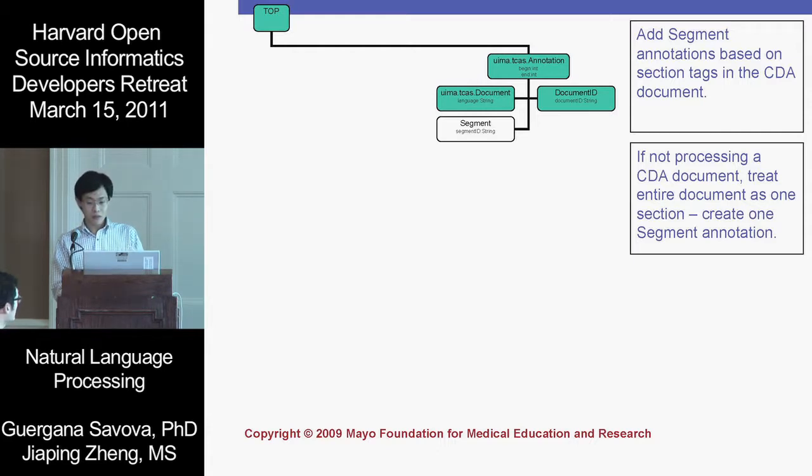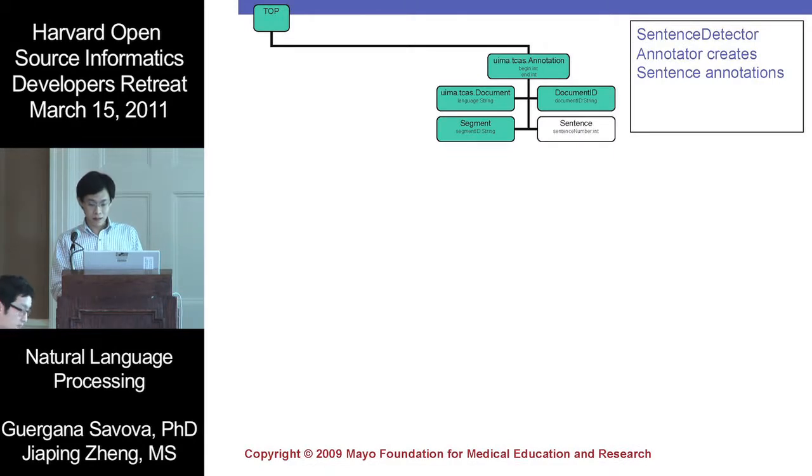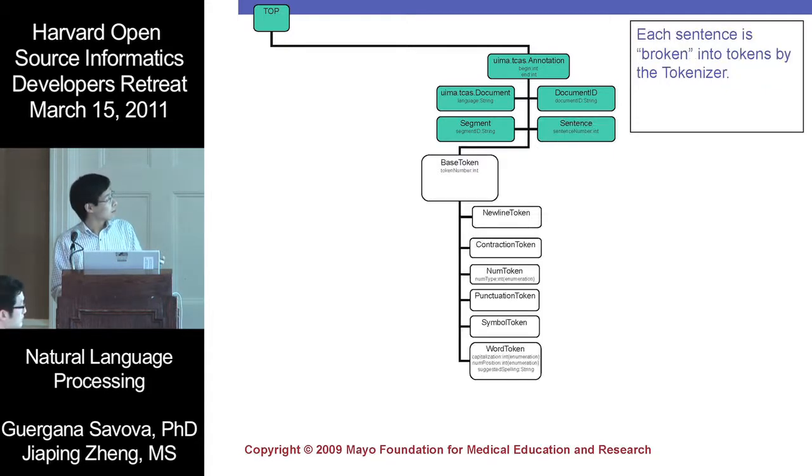But if you don't have those explicit markers, cTAKES will just call the entire document a segment. Then the sentence detector splits the entire chunk of text into sentences, and then the tokenizer splits the sentences into tokens.